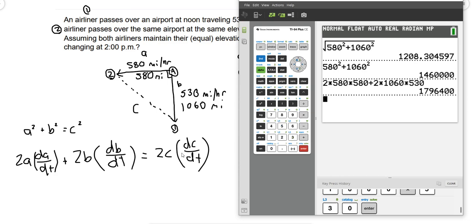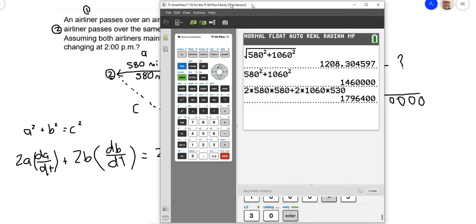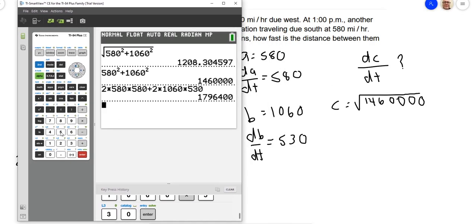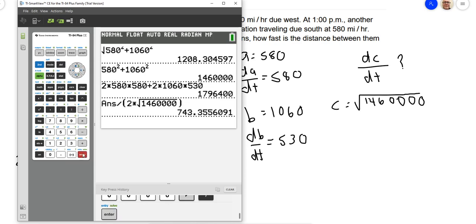And then to solve for dc over dt, we have to divide both sides by 2 times c. So let's go ahead, there's my c. So we're going to divide this total by 2 times the square root of 146,000, close parentheses, and we get about 743.4.